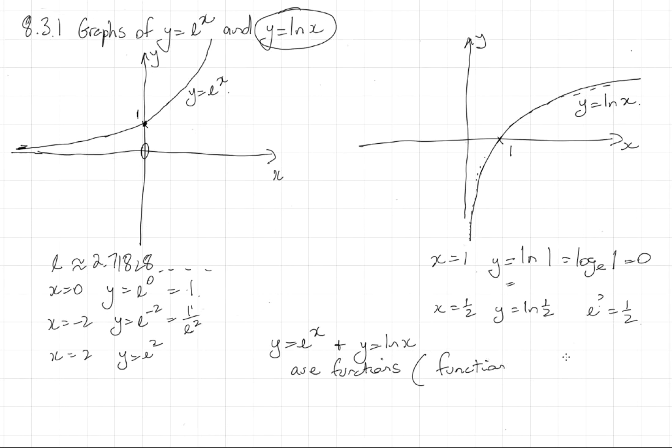Now we saw in previous work that the test for an inverse is if we can draw a horizontal line and it cuts the graph twice, then it does not have an inverse. The function test is the vertical line test, so not horizontal but vertical line.